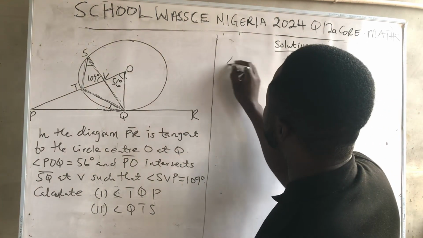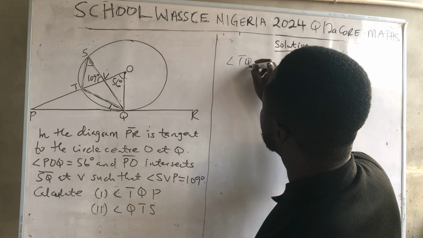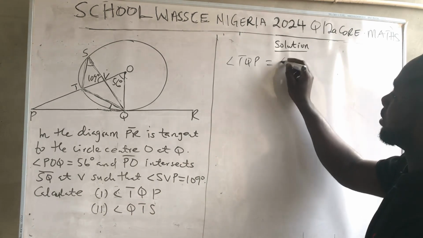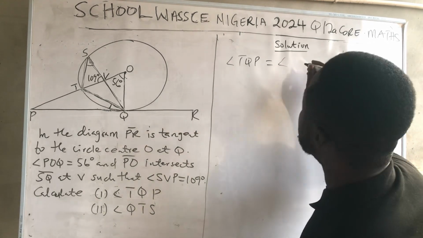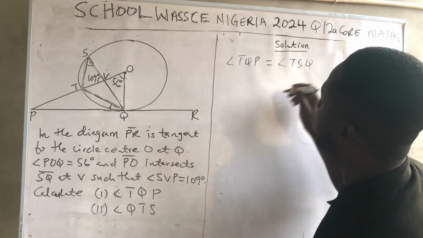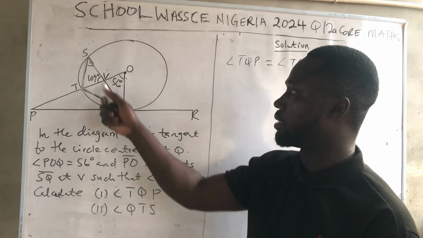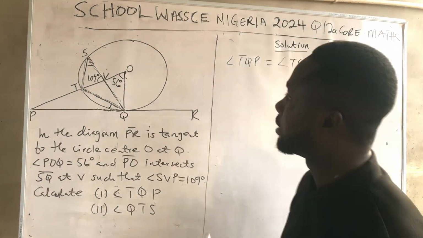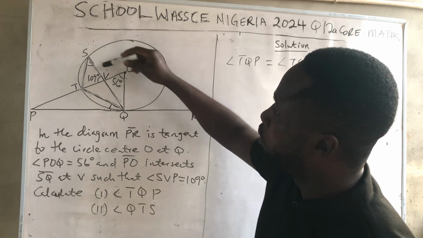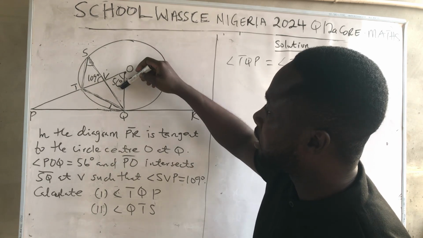So we can say that angle TQP will be the same as angle TSQ. That is, the angle here is the same as the angle here. And we see that we are not given this angle, but we are given this angle.